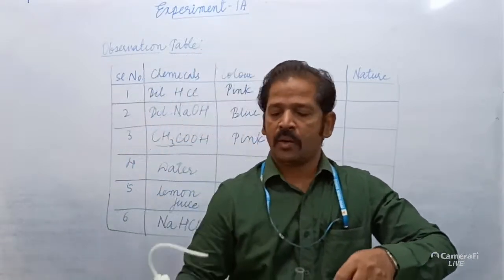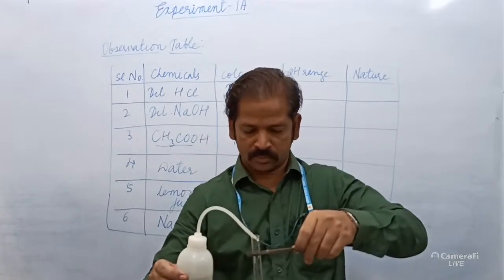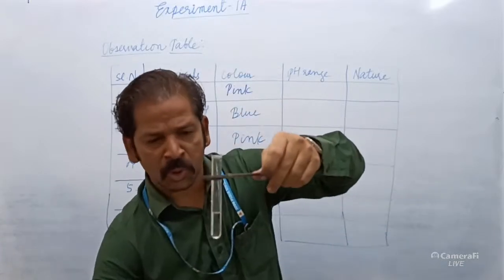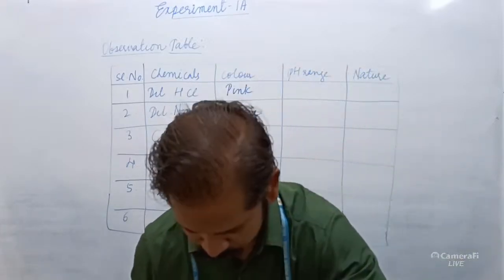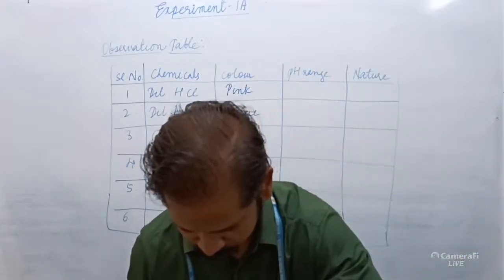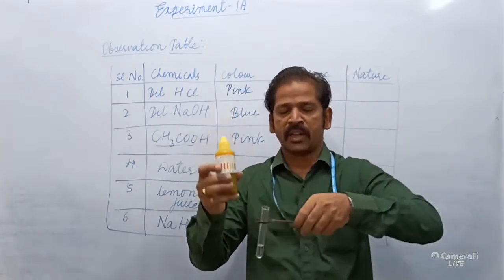Usually we keep the water in the wash bottle. So I take almost 3 ml of water. Now I'll add the universal indicator to it.